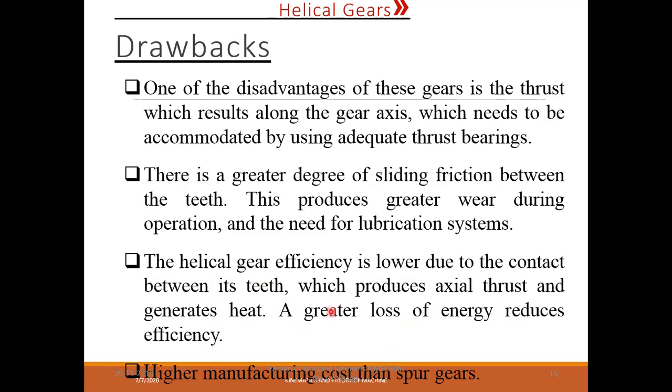The higher manufacturing cost than spur gears is also a drawback of the helical gear, right.